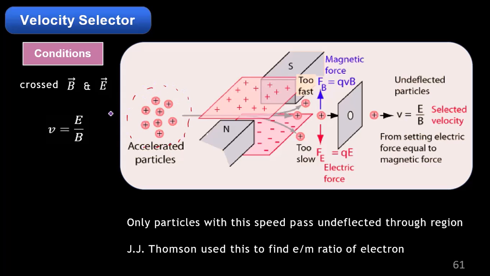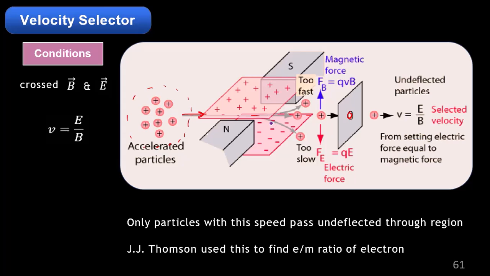We want the charged particles to pass without any deviation, that means along a straight path, through a hole. So only the charged particles which have a particular value of velocity will pass through.